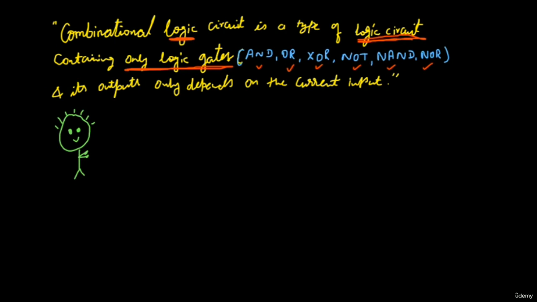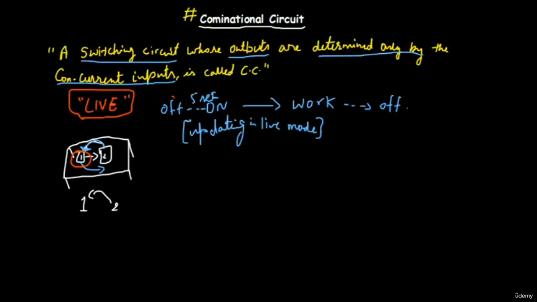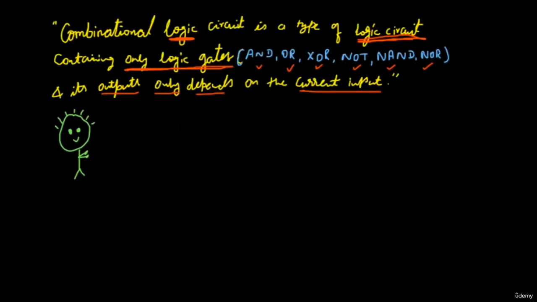And its output, the most important thing, only depends on the current state of the input. Like I gave you the example here. If it's off, it will be off. If it's on, it will work. So it does not have its own memory. It works in the live state. That's what it means.